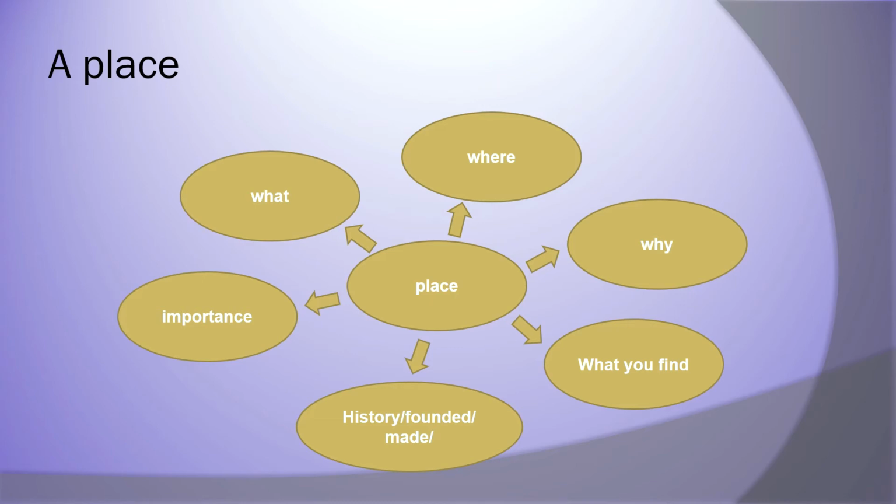Also you can talk about the history or founded or made of. මෙම ස්ථානයේ යම්කිසි ඓතිහාසික සිද්ධියක් තියෙනවා නම් එහෙම නැත්නම් ඒක ආරම්භ කරේ ඒක හැදුවේ, right? If you know something about that, you can give these facts as well. Any other importance of this place can talk. එම ස්ථානයේ තියෙන විශේෂත්ව එහෙම නැත්නම් ඒකේ තියෙන වැදගත්කම ගැන අපිට ආයෙ තව සෙන්ටෙන්ස් එකකට දෙන්න පුළුවන්.